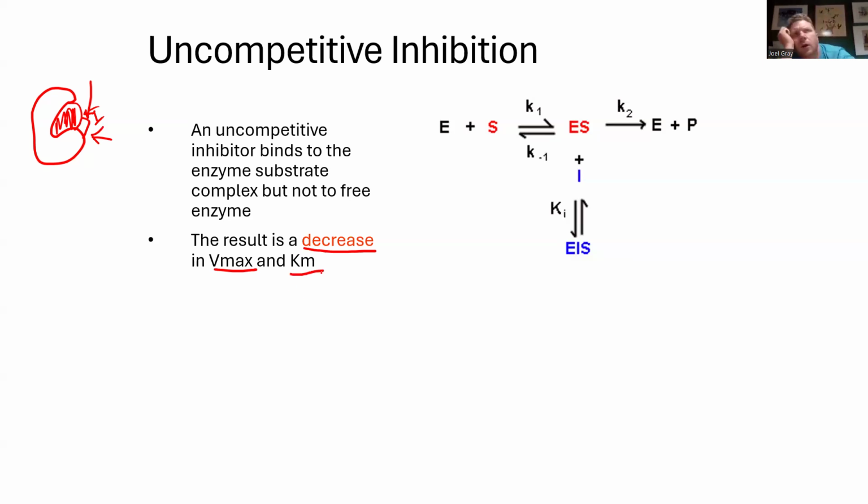When Km goes up, that means your affinity for your substrate goes down. So your enzyme wants the substrate a little bit less. Now, when the Km goes down, that almost sounds like a positive thing, because when the Km goes down, that means your affinity for your substrate goes up.